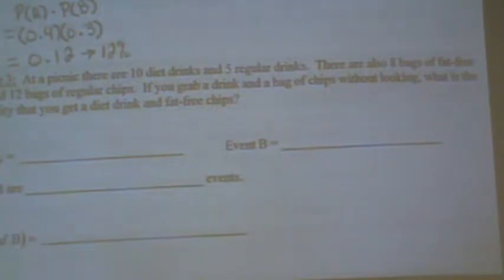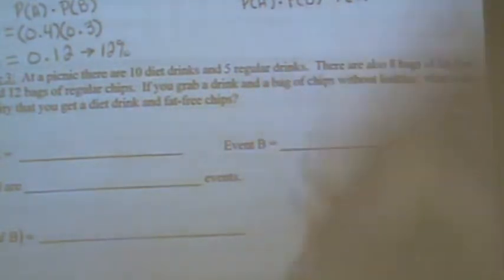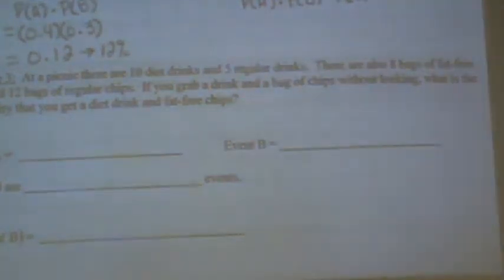Now part B wants the probability of A and B and C. So this is taking the probability of A multiplied by the probability of B multiplied by the probability of C. And again, we're given each of those probabilities, so we just have to plug in the numbers. Again, probability of A was 0.4.